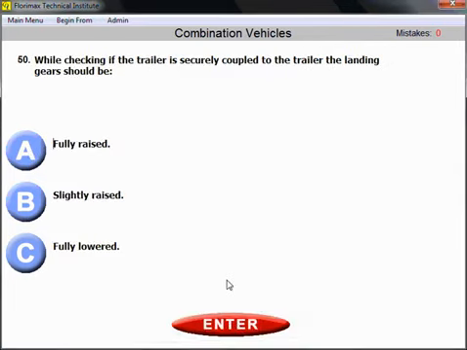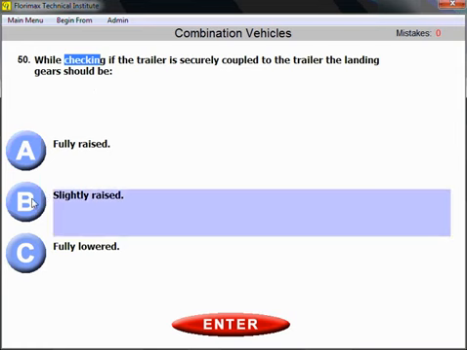Question number 50. While checking if the trailer is securely coupled to the tractor, the landing gears should be in what position? Slightly raised. They should not be fully lowered, not fully raised.